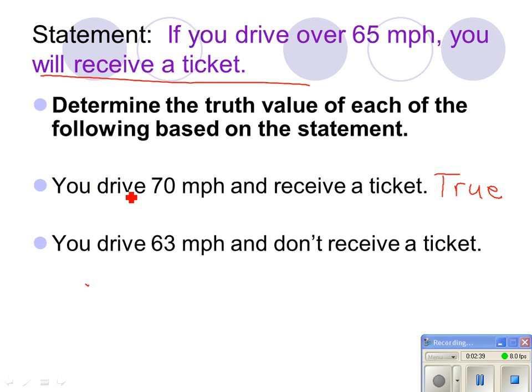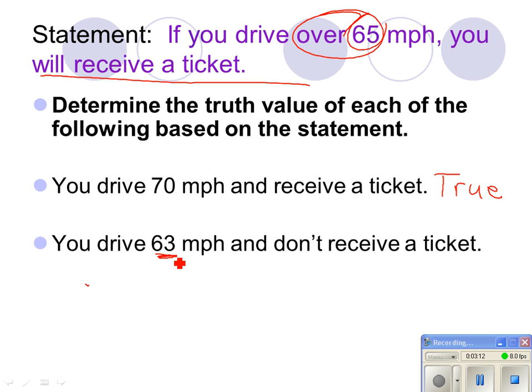Next one, you drive 63 miles an hour and you don't receive a ticket. Now here's where you've got to be careful, something like this one. Our rule up here stated that if you drive over 65 miles per hour, so that's all we know about. We don't know about anything else other than if you drive over 65 miles per hour. So if you're driving 63 miles per hour, you may get a ticket, you may not.